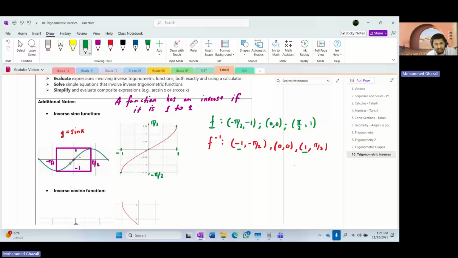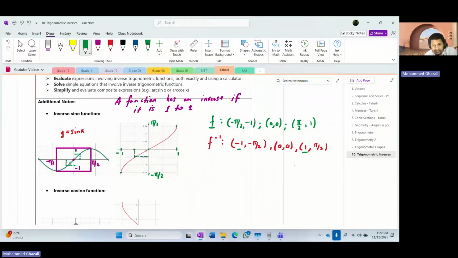You can take values in between, like the exact value of half. And you can take negative pi by 6, which will give me negative half. So you can add those 2 points there.